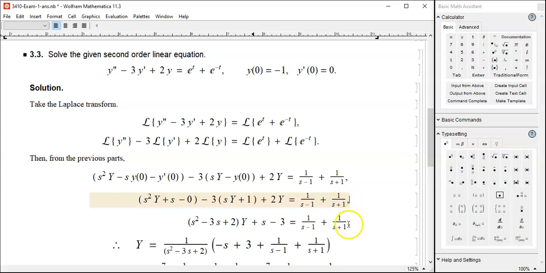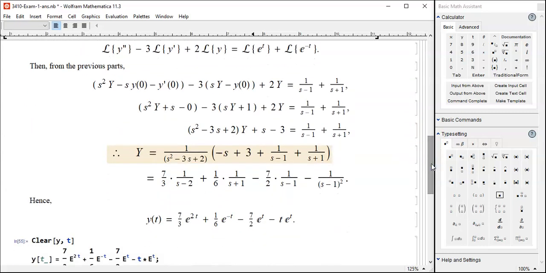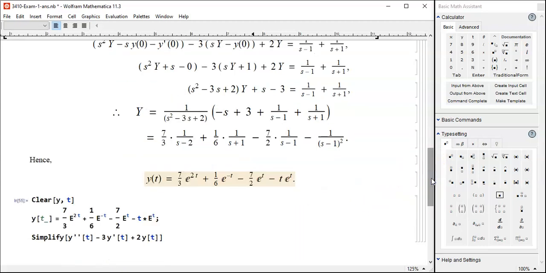And then algebraically work it out, and the Y part has the characteristic polynomial there, and then we have some other parts, and eventually we get this. Taking partial fraction decomposition is going to be a pain, but it was provided to you. So all right, we get that, and we have the inverse transform.